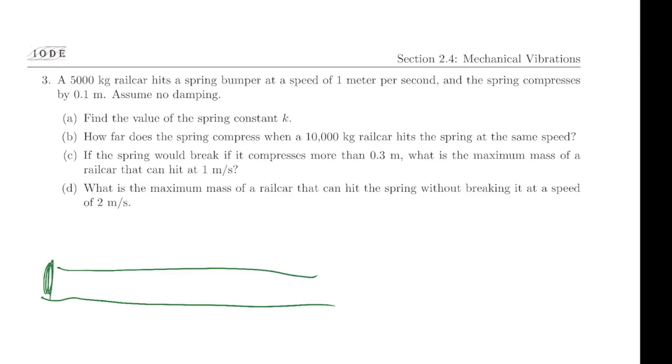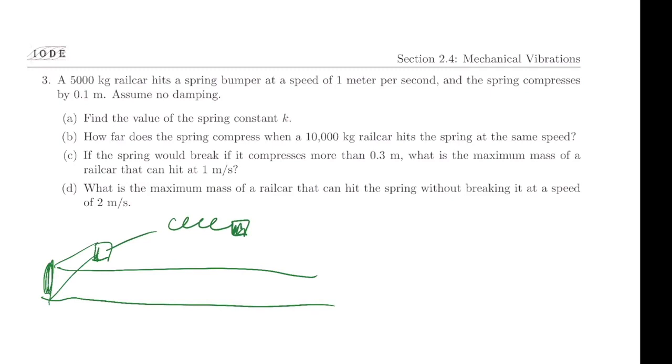Oftentimes, when the track just ends, they put a bumper there because they don't want the train to just keep on going. And so there'll be some sort of bumper over here. And inside this bumper, called a cushion, is a little spring. So when the railroad car hits the spring, as long as it's not going crazy fast, that spring will compress and slow it down.